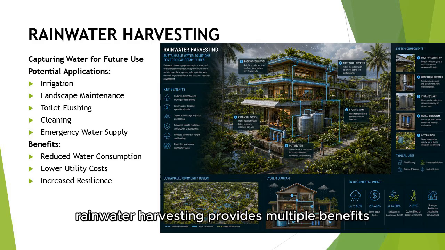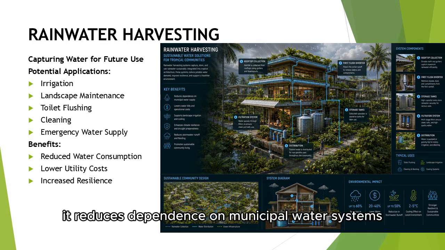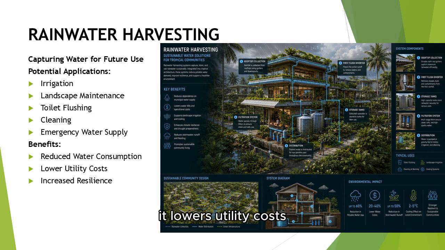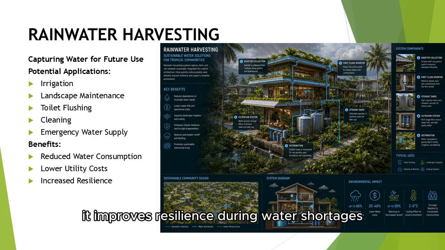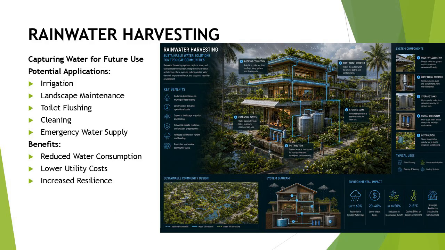Rainwater harvesting provides multiple benefits. It reduces dependence on municipal water systems. It lowers utility costs. It improves resilience during water shortages.